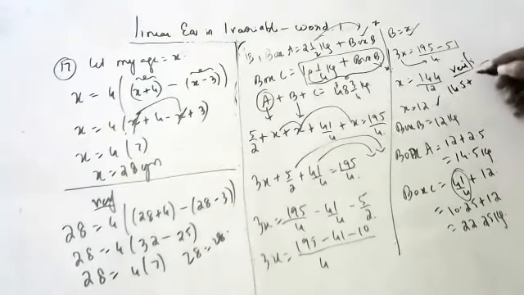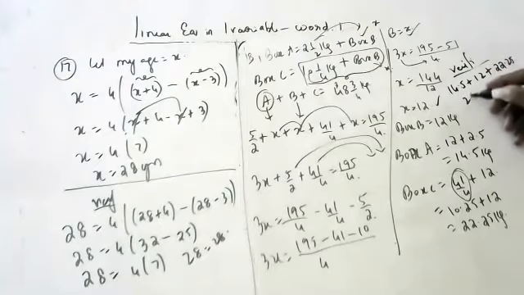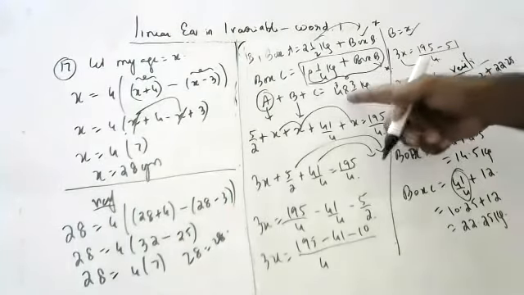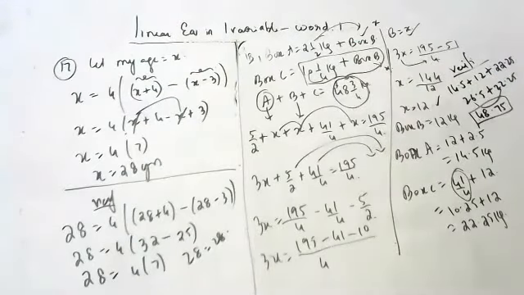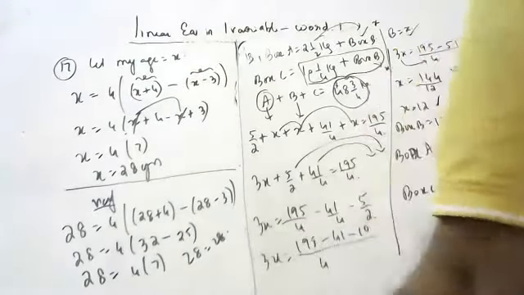B is 12. C is 22.25. So this is equal to 26.5 plus 22.25. How much is this? 48.75. Same answers.